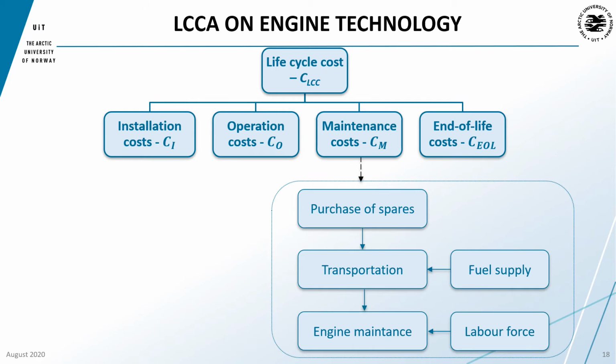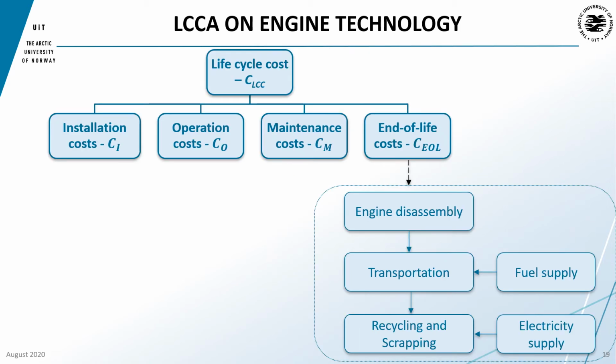The maintenance process consists of several maintenance activities, including purchase of spares, transportation, fuel supply, engine maintenance, and labor force. The end-of-life process includes several activities: engine disassembly, transportation, fuel supply, recycling and scrapping, and electricity supply.